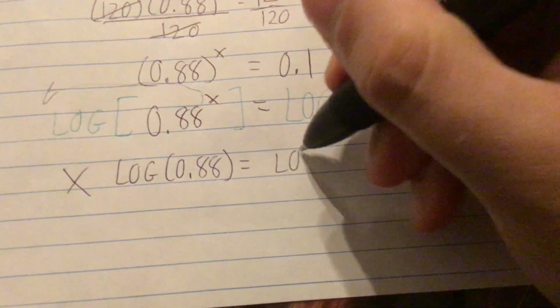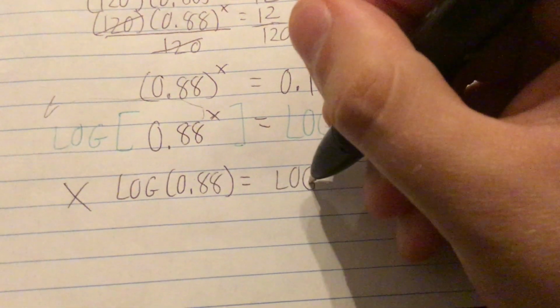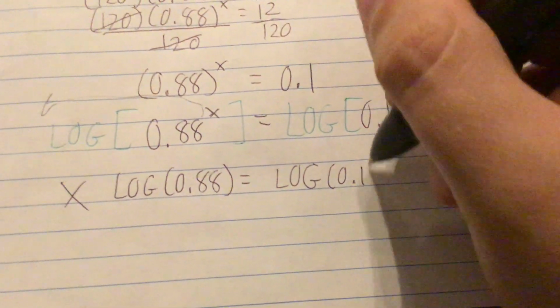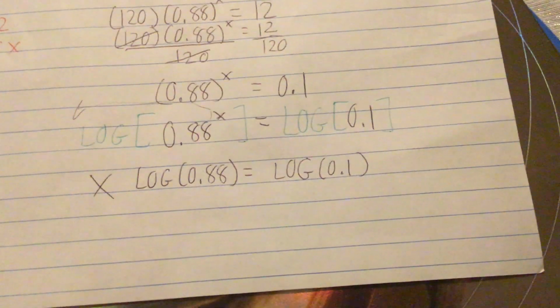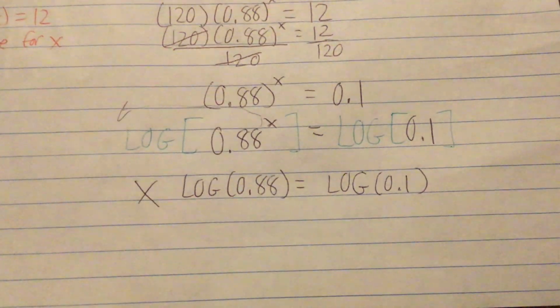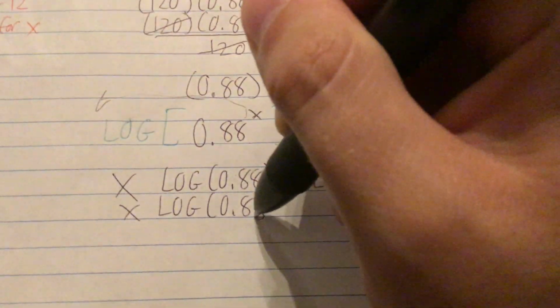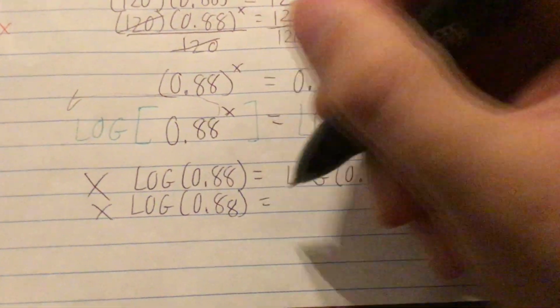Now I've got x log of 0.88 is equal to the log of 0.1. And now let's solve for x by dividing both sides of the equation by log of 0.88.